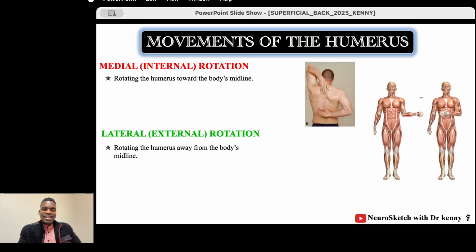Then lateral rotation is quite the opposite of medial rotation. I'm sure you've discussed this already, but I just want to make it clear for the discussion of the muscles of the shoulder region, the muscles of the arm.